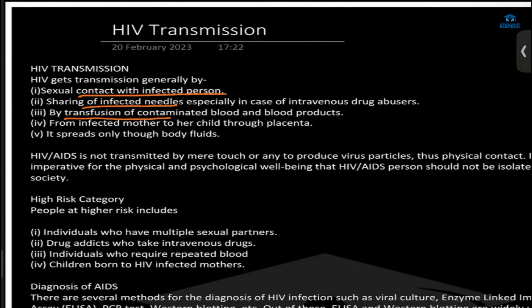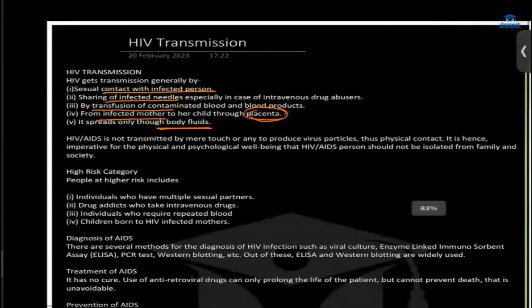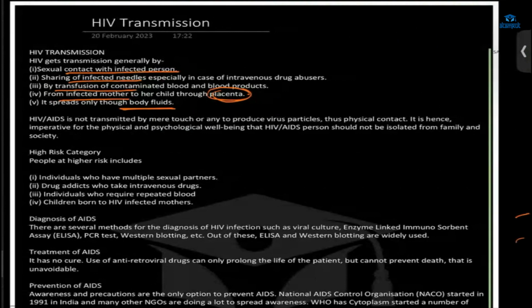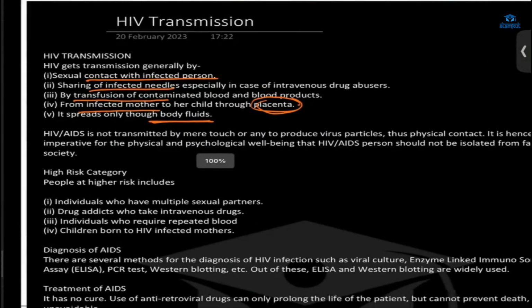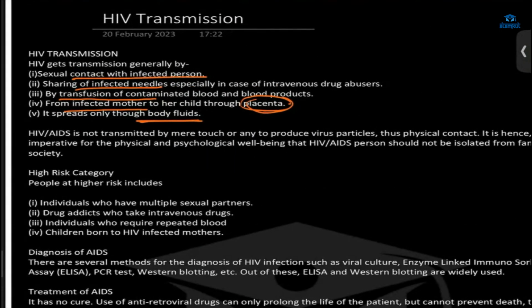If infected blood is given to an uninfected person, that person will also get infected. Also from an infected mother through the placenta. Body fluid is the only condition. By touch and all, HIV doesn't spread.